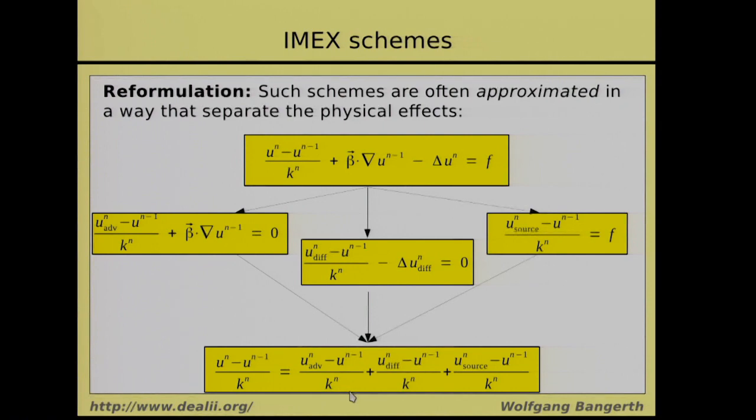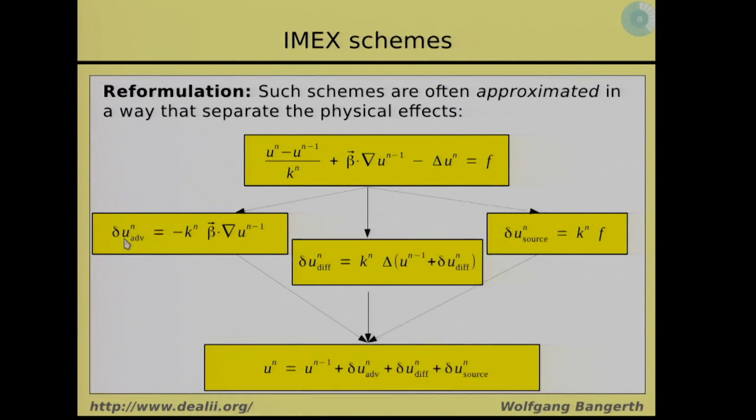So to make this a little bit clearer, let me multiply each one of these equations by k_n, and I'm going to call these differences here delta u^n_advection, for example. So delta u^n_advection really is just k times the advection term. For delta u^n_diffusion, it is really just the Laplacian times the time step times u^{n-1} plus the delta, right?